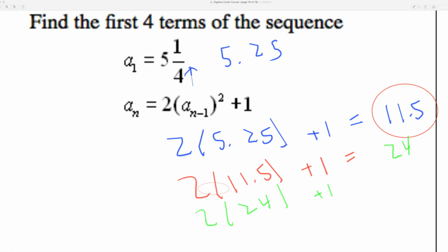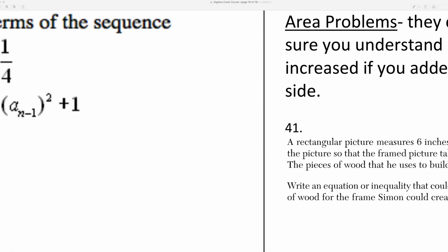What would you get there? 48, 49. Then you'd plug it in one last time, and you'd have 2 times 49 plus 1. You would get 98 plus 1 is 99. These are your first 4 terms. You have 11.5, 24, 49, and 99. Okay, so it seems complicated, but in reality, it's not.